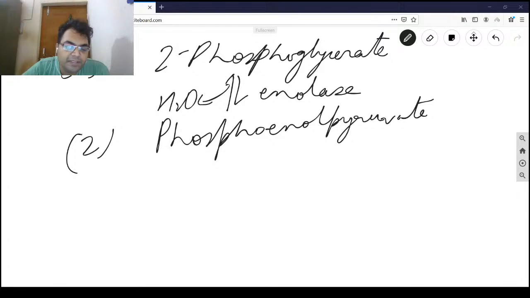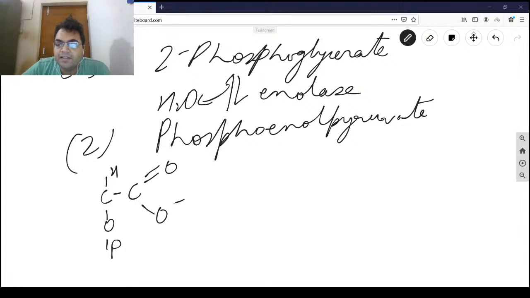Let's draw 2-phosphoglycerate. Okay, C. Then the second carbon will have the phosphate group. Third carbon will be having this. This is the 2-phosphoglycerate molecule.